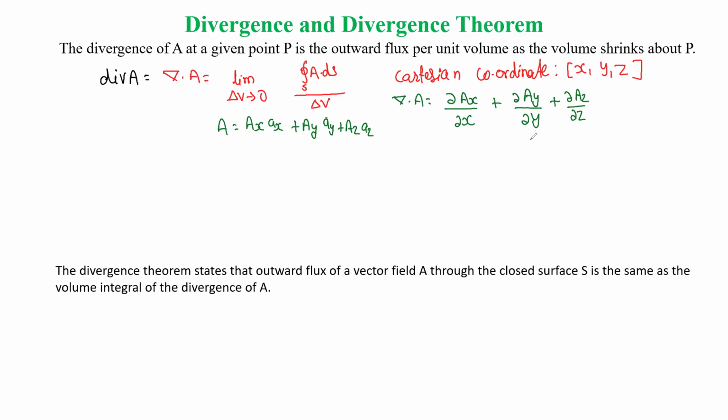These are the three components in the Cartesian coordinates. Similarly, we'll have it in cylindrical coordinates. In the case of cylindrical coordinates, what are the variables or parameters we are using here?